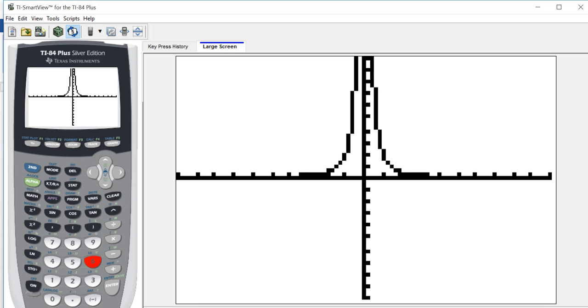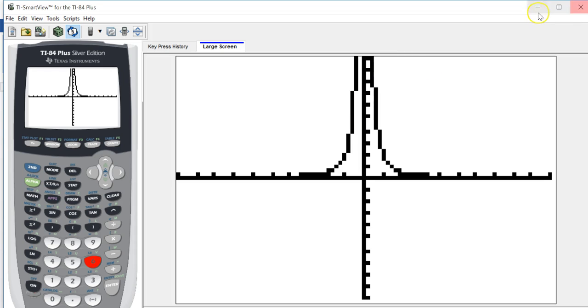Now we know that 1 over x looks like you have one arm here and another one here. In this case, it's 2 over x squared. So you cannot have any negative y values, right? Because everything is being squared. That's why everything is above the x-axis. Do you see what I mean?